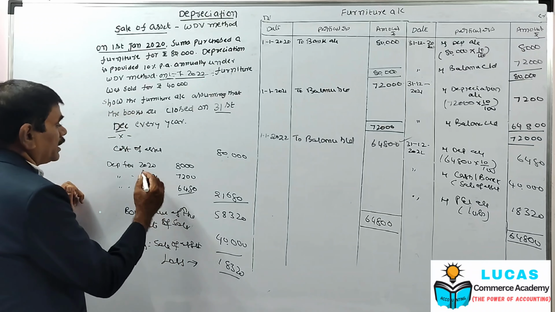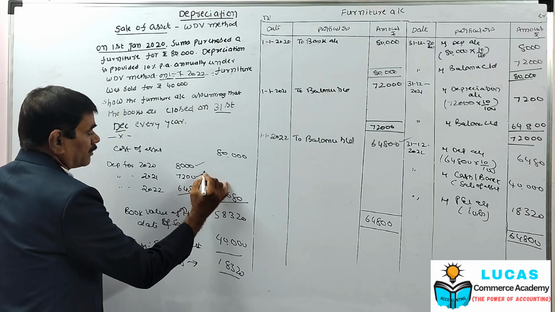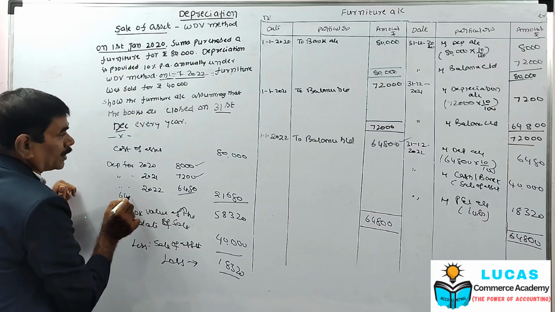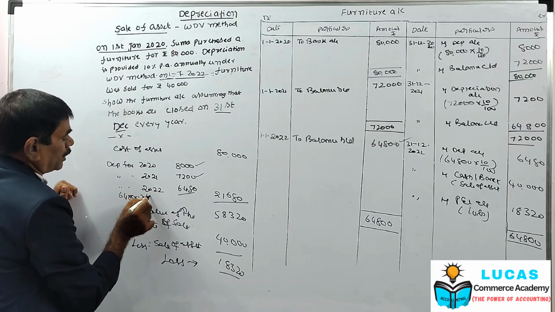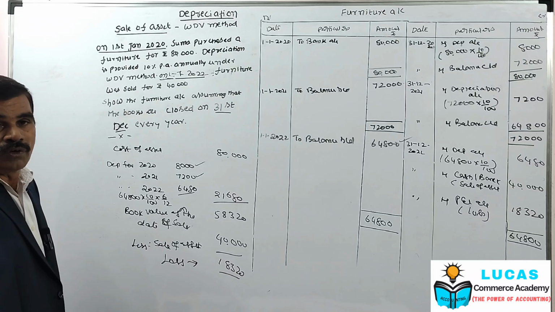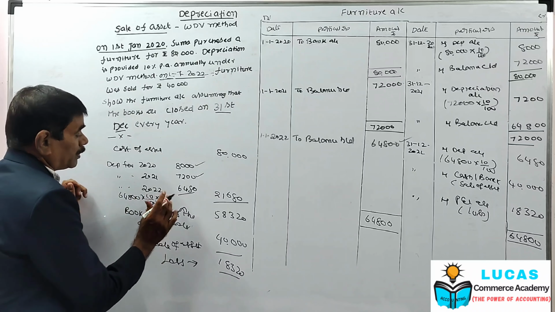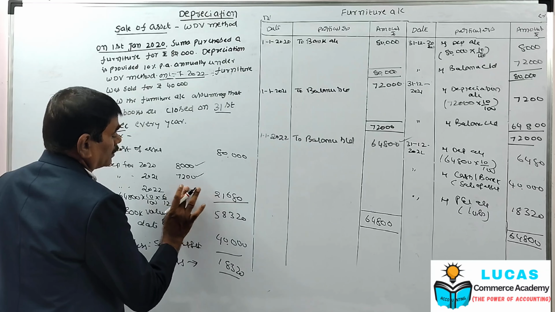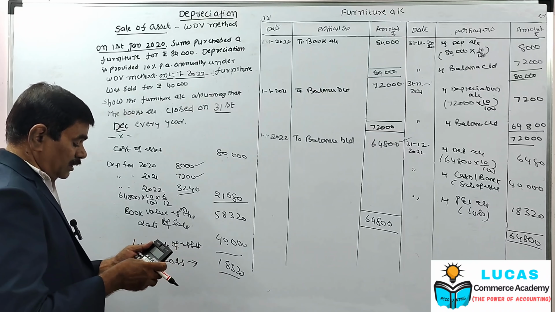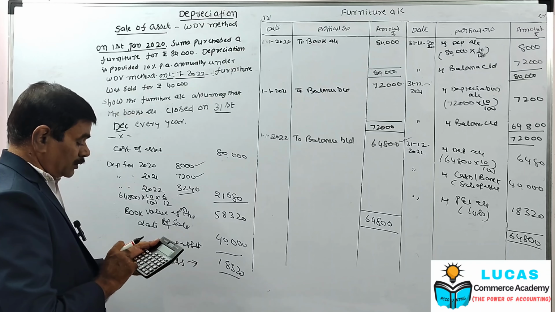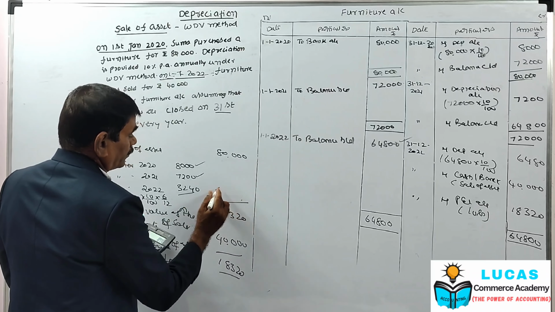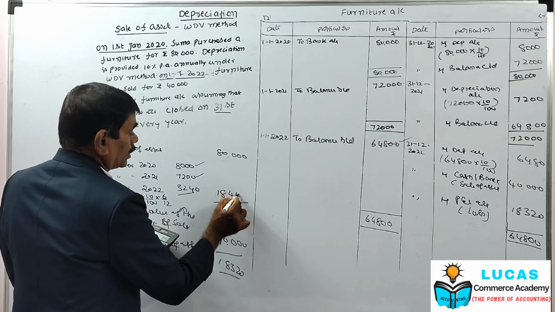Come to here. First year depreciation 8,000, second year 7,200. Third year beginning value 64,800 into 10 by 100 into 6 months, because the asset has been used only for 6 months in that year, that means 3,240. Then total depreciation: 8,000 plus 7,200 plus 3,240, that means 18,440.